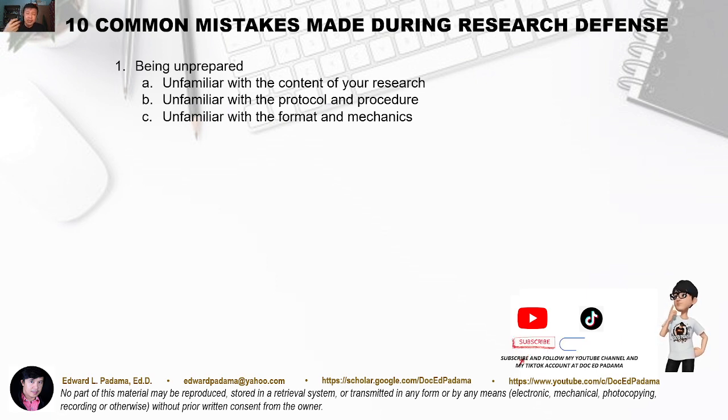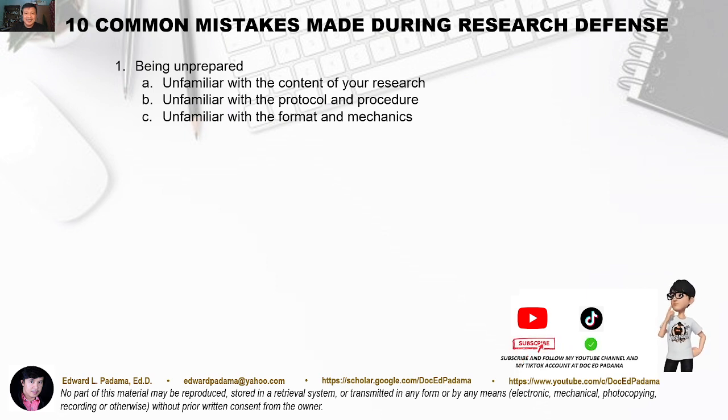So, for example, if your panel asks you, who are the respondents and how did you choose your respondents? Immediately, even without opening your manuscript, you already know where to open your manuscript, and then eventually guide the panel on the answers that they are asking.